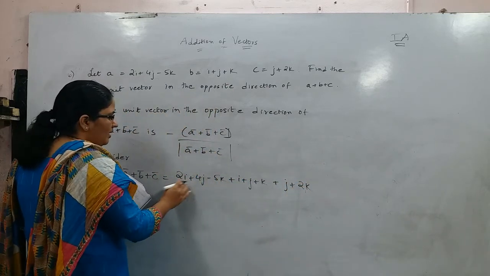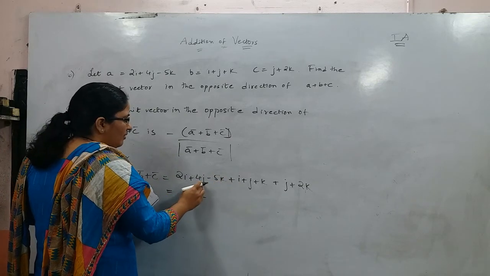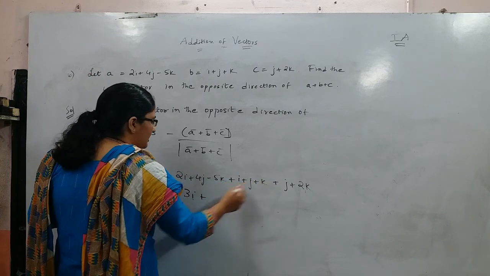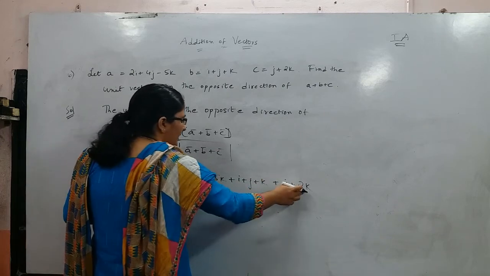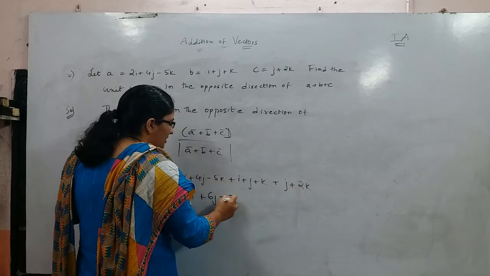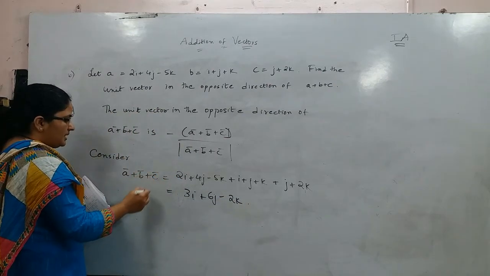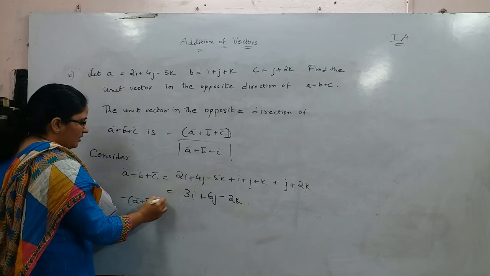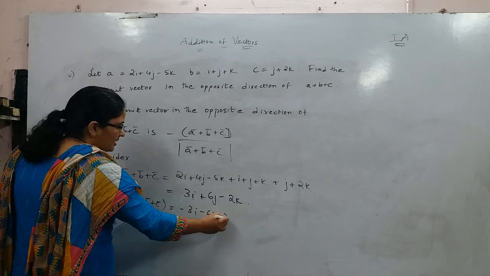Let us add 2i plus i, 3i, 4j plus j, 5j, 5j plus j, 6j, k plus 2k, 3k, 3k minus 5k, minus 2k. This is A bar plus B bar plus C bar. Minus of A bar plus B bar plus C bar is equal to minus 3i minus 6j plus 2k.